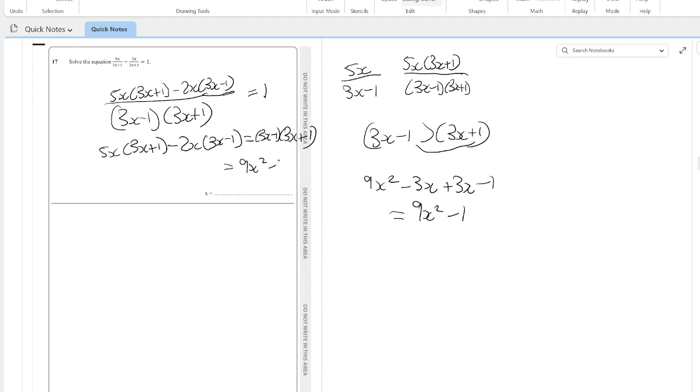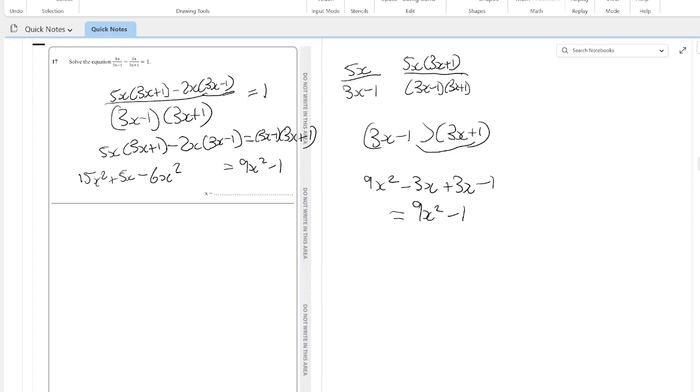And what about on the right hand side? Well, we get 15x squared, which is 5x times 3x, plus 5x times 1, which is just 5x, minus 2x times 3x, which is 6x squared. And now you have to be careful because it's minus 2x times minus 1.